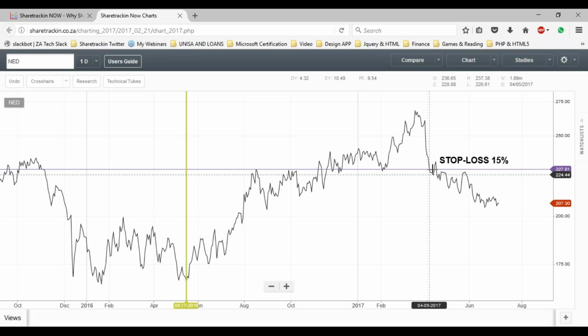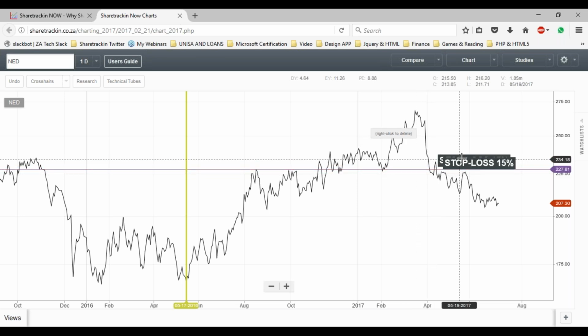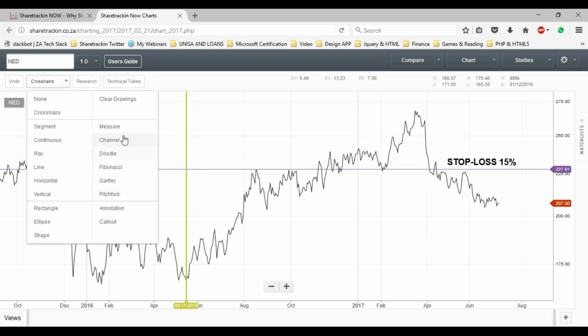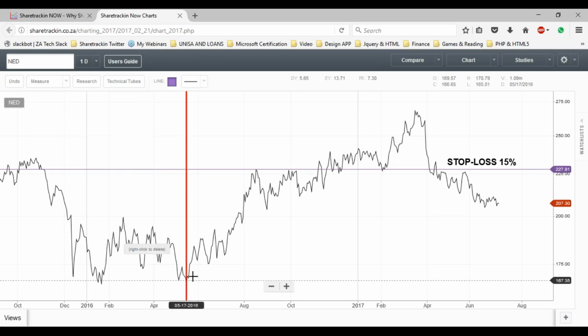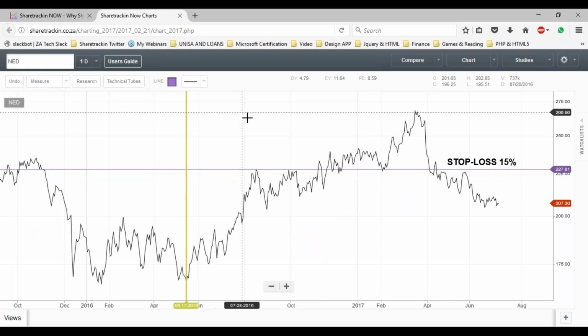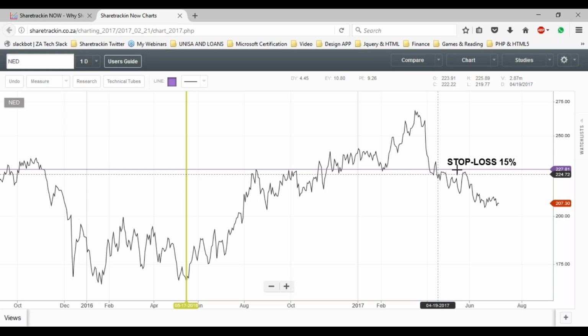So on the 5th of April 2017, I would actually have sold the share because it hit my 15% stop loss. Now, how much was the profit that I took from this? Well, you can go and calculate that. Since the day we bought it up until the point when we sold it, we made about 36%. So we still ended up with 36% of profit after we sold out of our 15% stop loss that was hit.